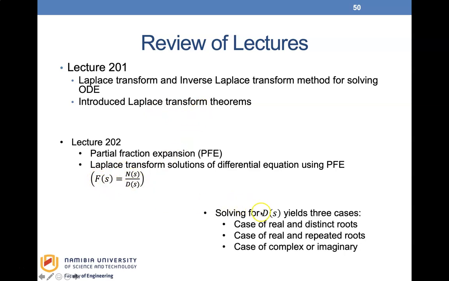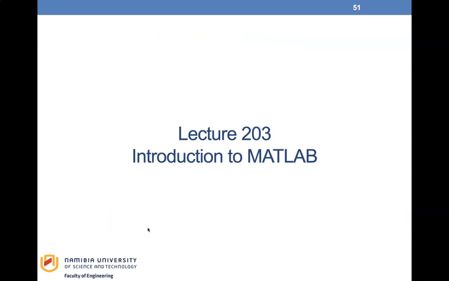Then we solve the denominator, the D of s, and in solving it you encounter three cases: the case of real and distinct roots, the case of real and repeated roots, or the case of complex or imaginary roots. This equation is referred to as the transfer function of the system, and we are going to cover that after we finish with partial fraction expansion.